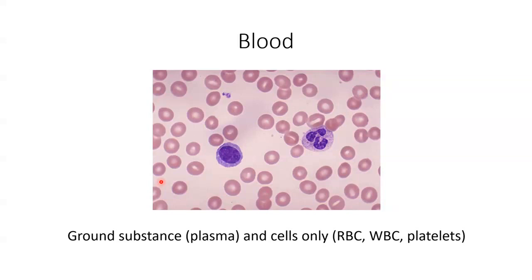Suspended in the blood plasma are formed elements, so namely red blood cells, white blood cells, and platelets. So we have our red blood cells here, our white blood cells, and our platelets. Blood is the only type of connective tissue which does not contain any fibres.